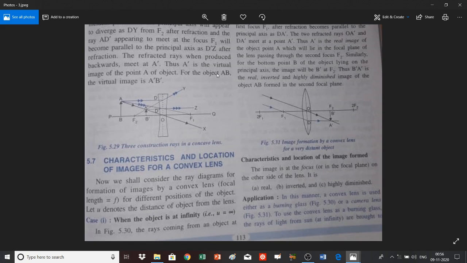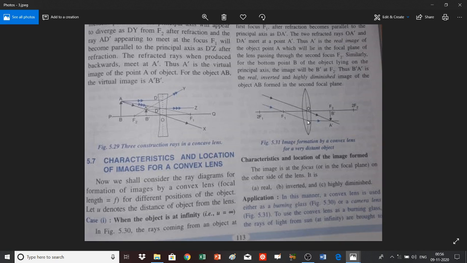Just now you will consider that a ray from a distant place object is coming out in this direction, and that will pass through the optical center of the lens, and then it will pass in this direction, and another ray parallel to this will pass through the principal focus f1, and it will fall on the lens here.